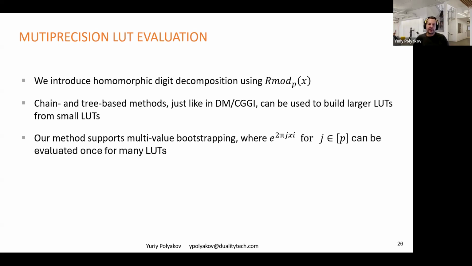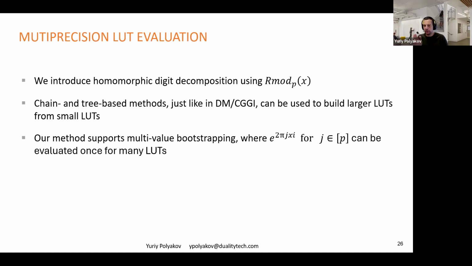Something to note, one of the properties of TFHE is that it supports multi-value bootstrapping. So if we need to evaluate multiple LUTs on the same ciphertext, significant optimizations can be used. So the heavy part can be reused. Same is the case here.